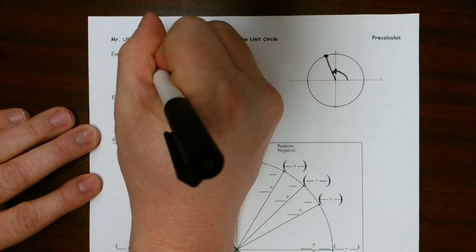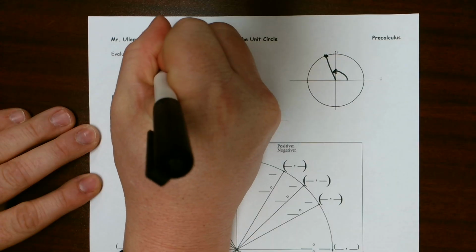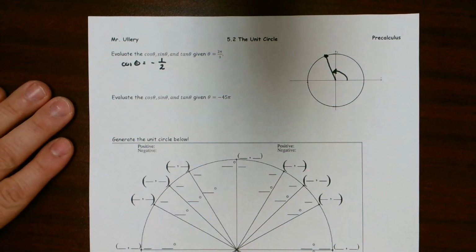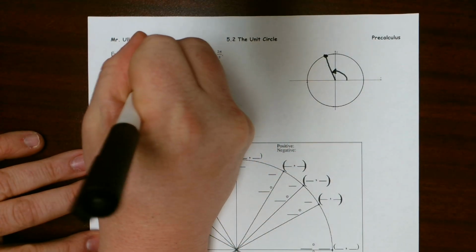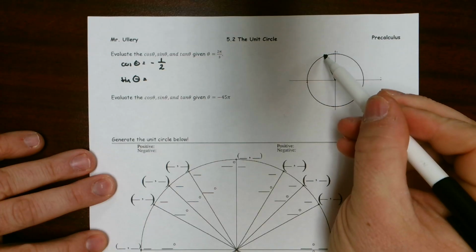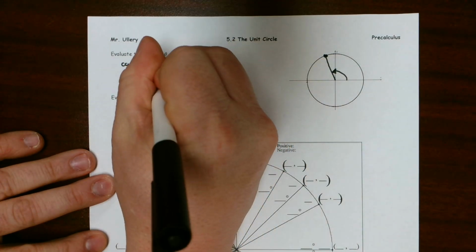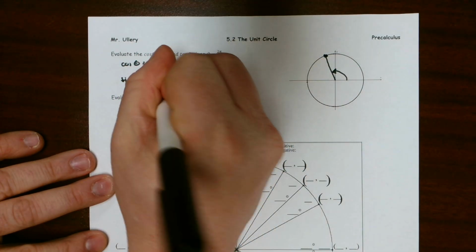So the x-coordinate of that point is -1/2. The sine of this angle of 2 pi thirds is going to be the y-coordinate of this point, which is positive radical 3/2.